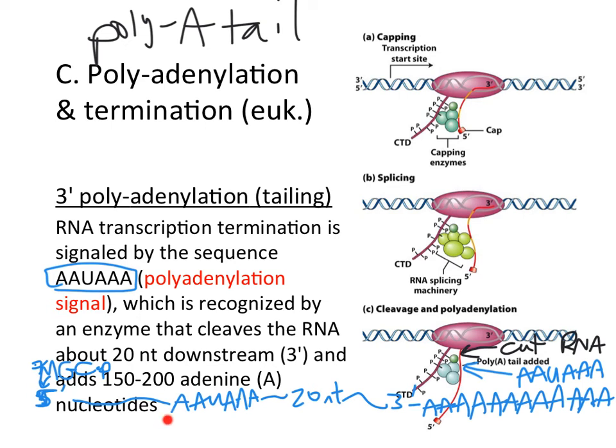Then you get AAUAAA, 10 to 20 nucleotides, and then a long string of A's, and that's it. That's the end of the transcript. So you've got a cap. Splicing happens in between. Exons, introns get removed or not. Then the AAUAAA, short stretch of nucleotides, and then lots of A's.